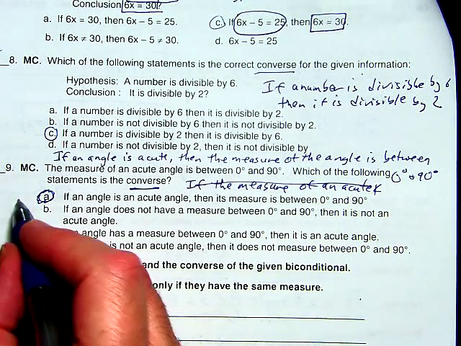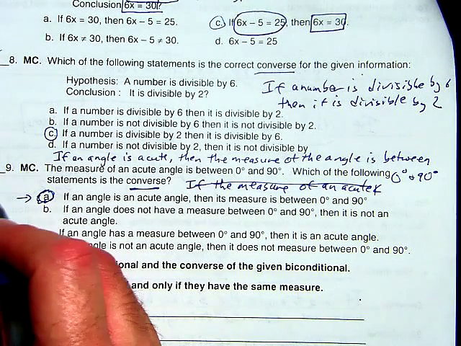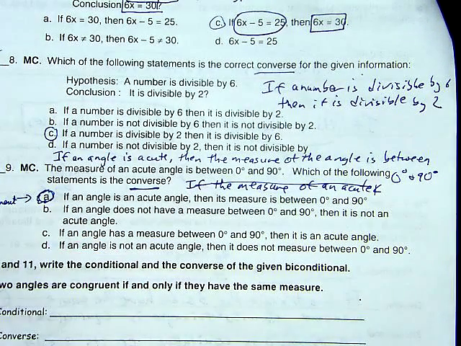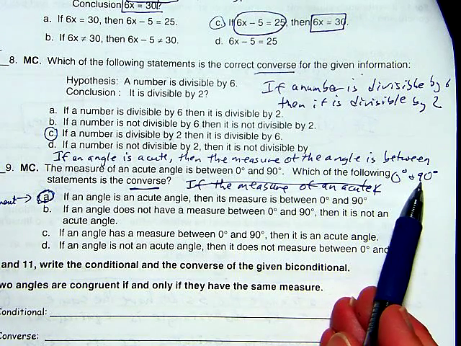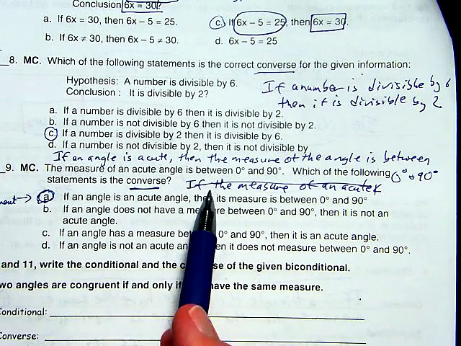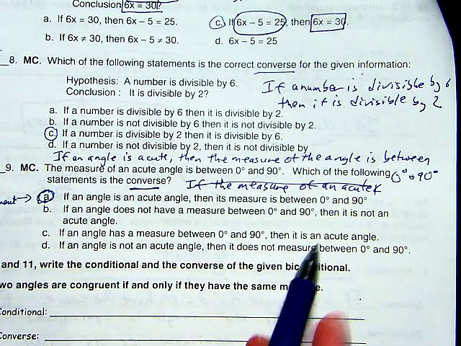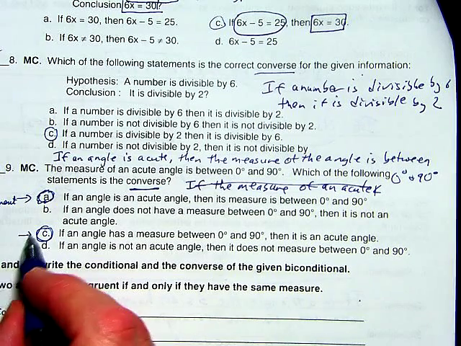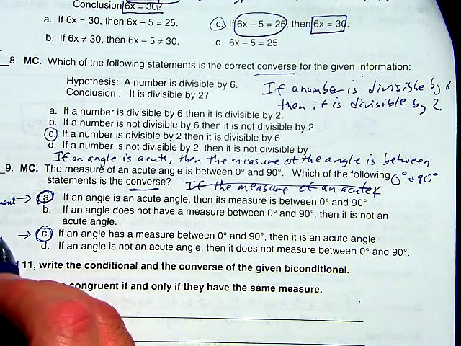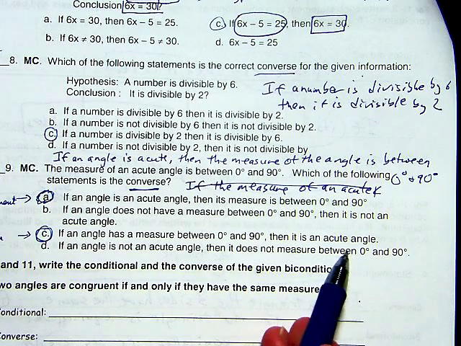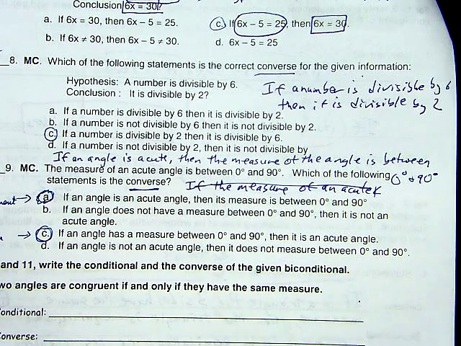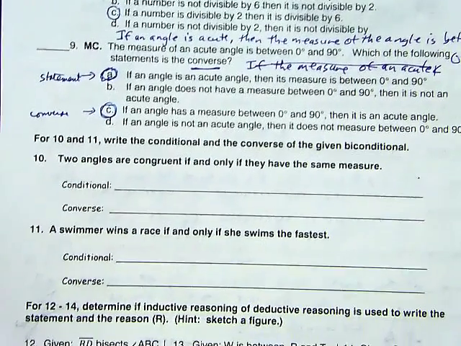So A would be the conditional statement itself, but what's its converse? If the measure of the angle is between 0 and 90, then the angle is acute. And that would be C. Okay, this is the converse. If an angle has a measure between 0 and 90 degrees, then it is an acute angle. Okay, good.